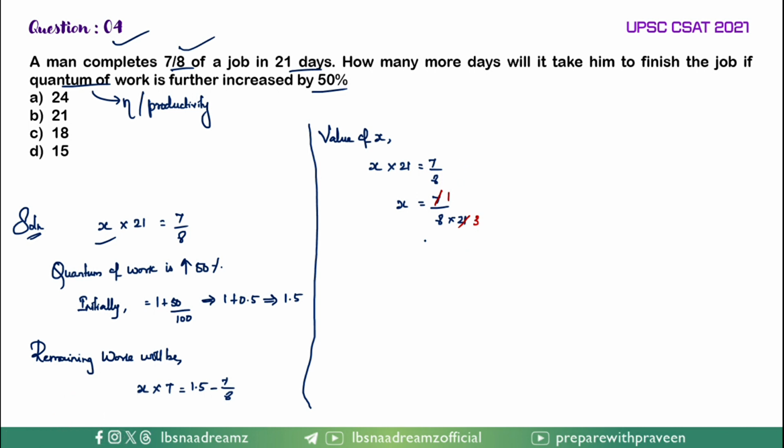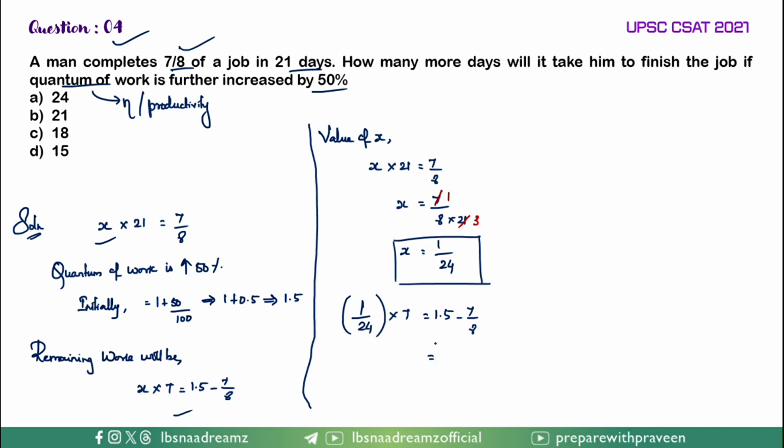So x is equal to 1 by 24. So apply this value here. 1 by 24 into t is equal to 1.5 minus 7 by 8.